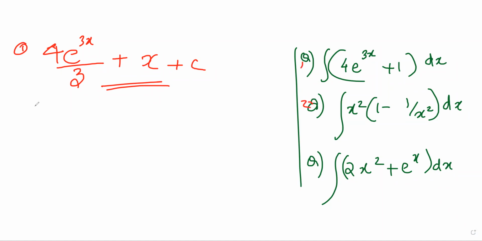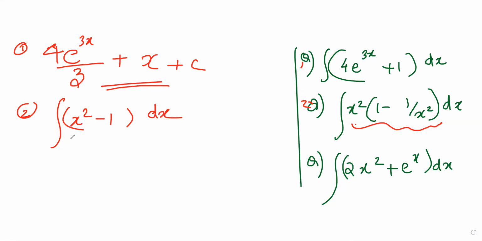Second question. How would you do the second question? You can multiply this x square inside. So the question will become integral (x square minus 1) dx, isn't it? x square into 1, x square into 1 by x square, 1.